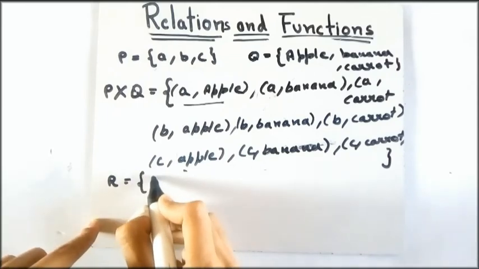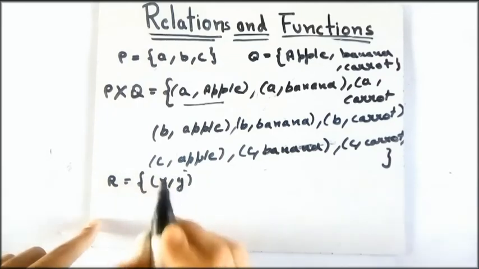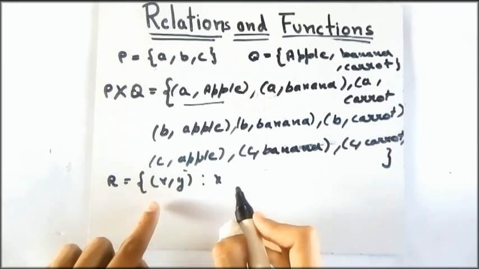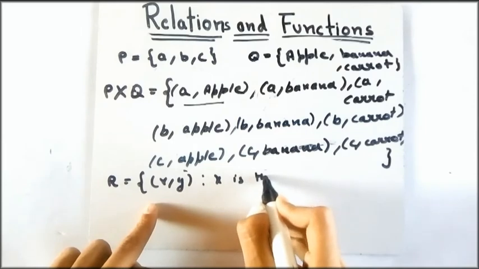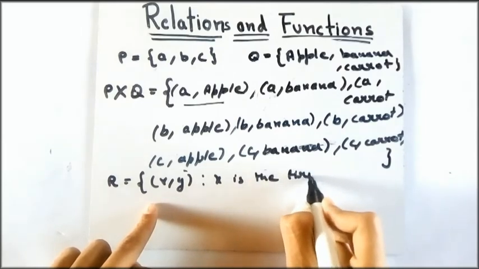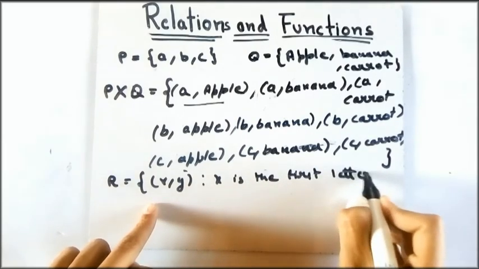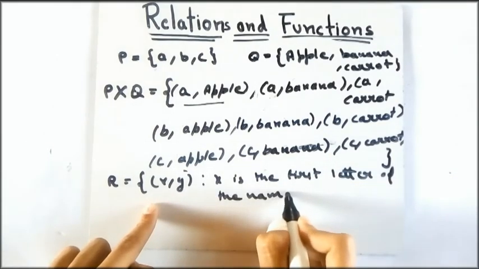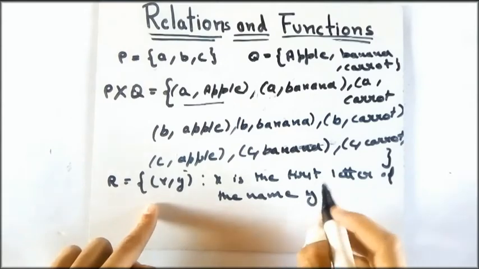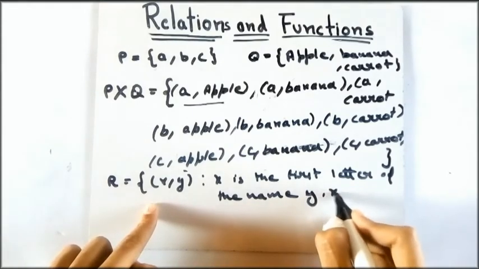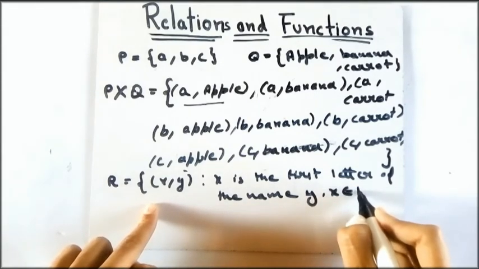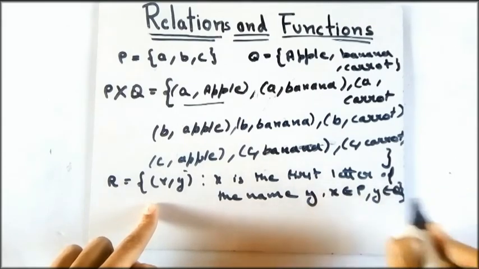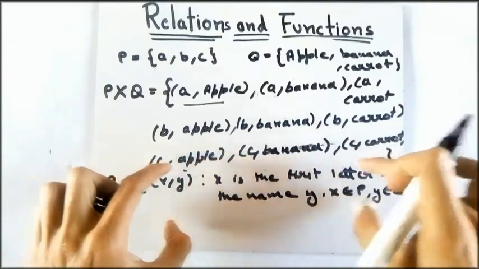For example, (x, y) such that x is the first letter of y, and x belongs to P and y belongs to Q. This is another way of writing a set.